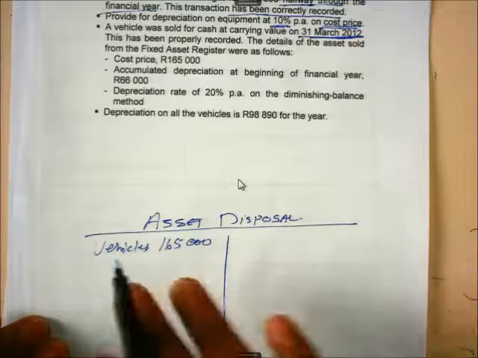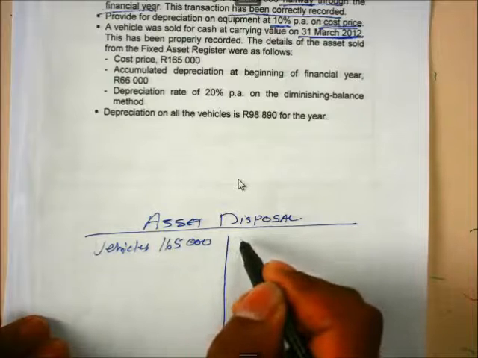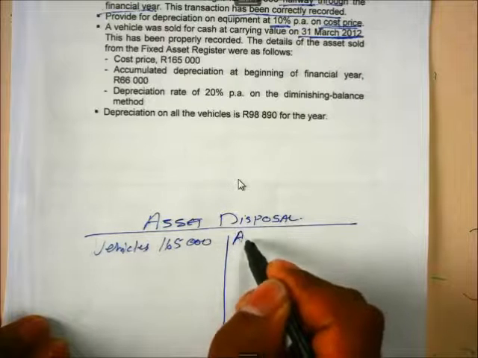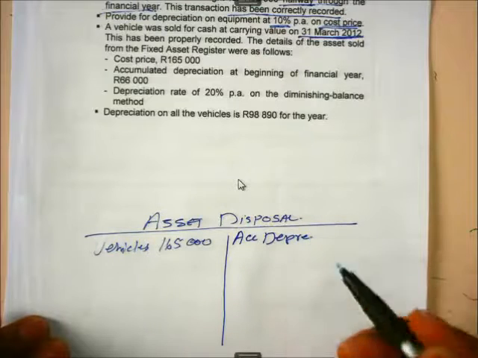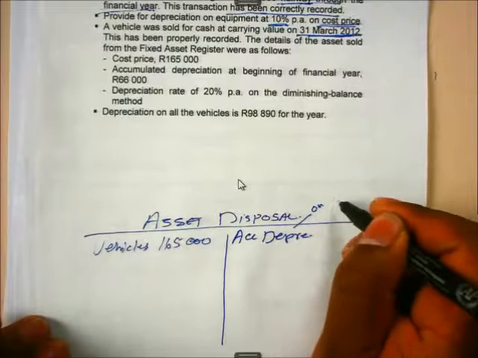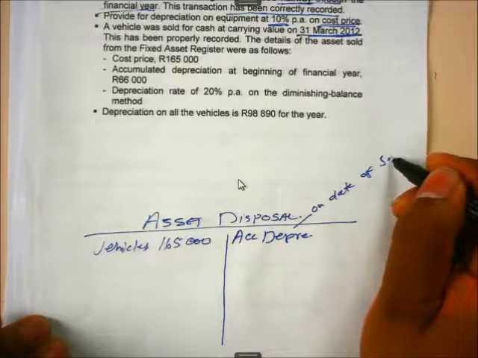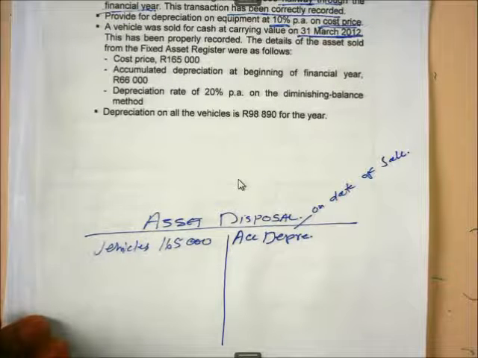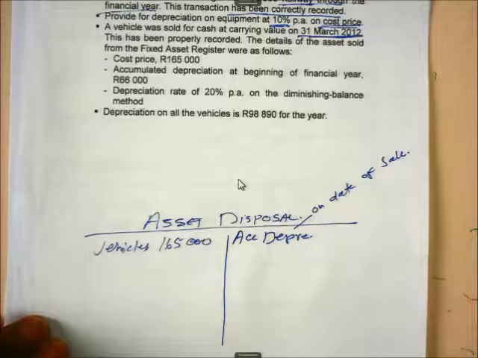Now, on the credit side of the account, you would have your accumulated depreciation. This accumulated depreciation is on date of sale, which is actually what we want to calculate.